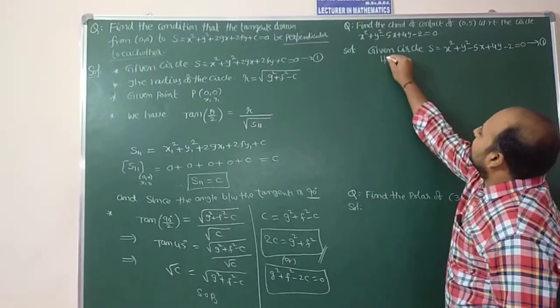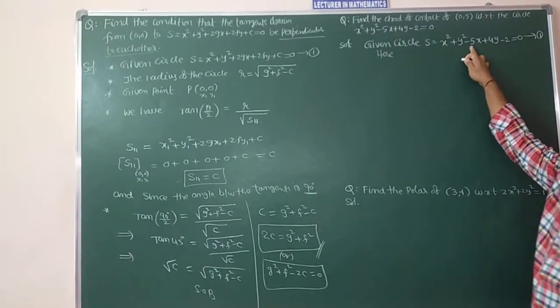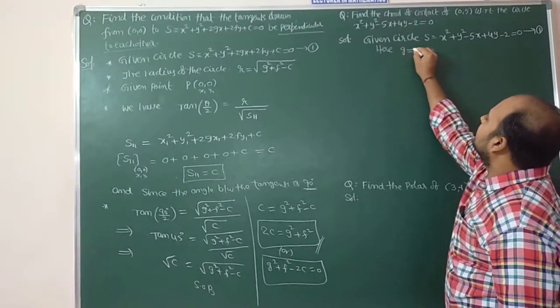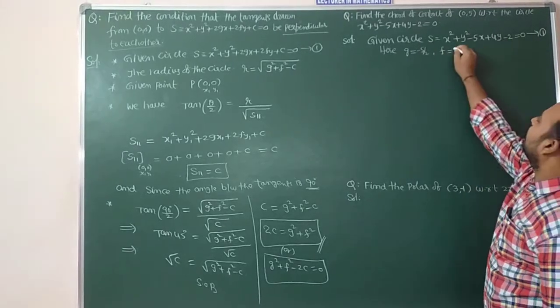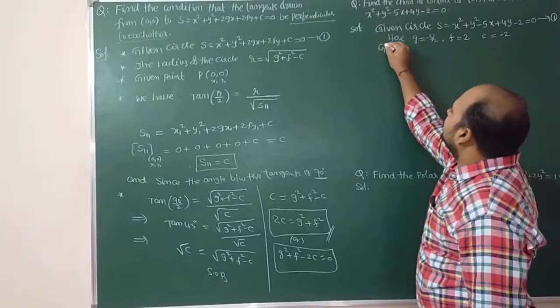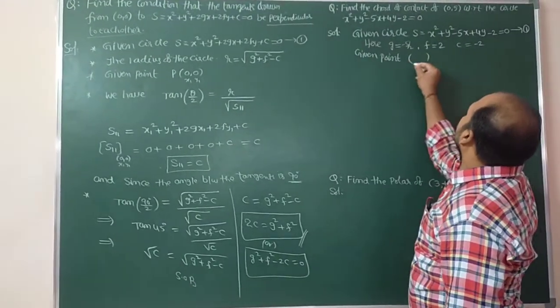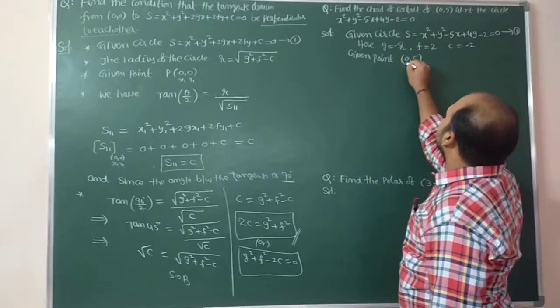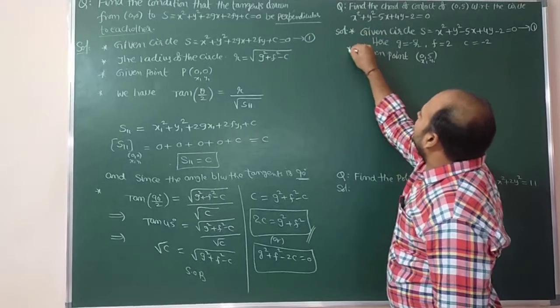Here, directly I am writing, comparing with the general equation of circle, 2g is equal to minus 5. So g is equal to minus 5 by 2. 2f is equal to 4, f is equal to 2, c is equal to minus 2. And the given point 0, 5 is x1, y1. After that, you write the chord of contact formula.